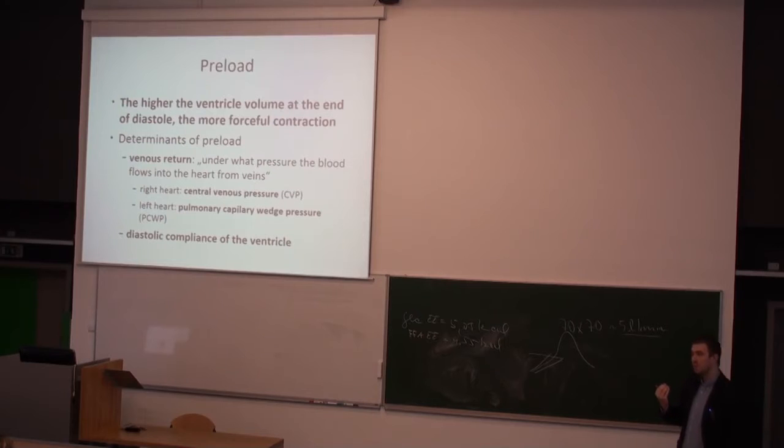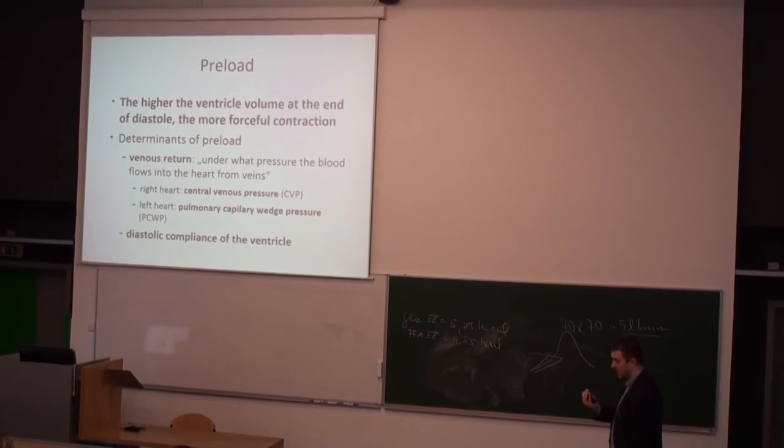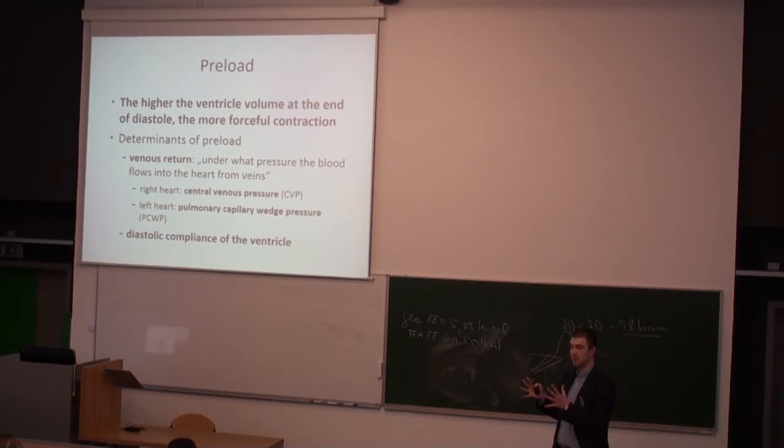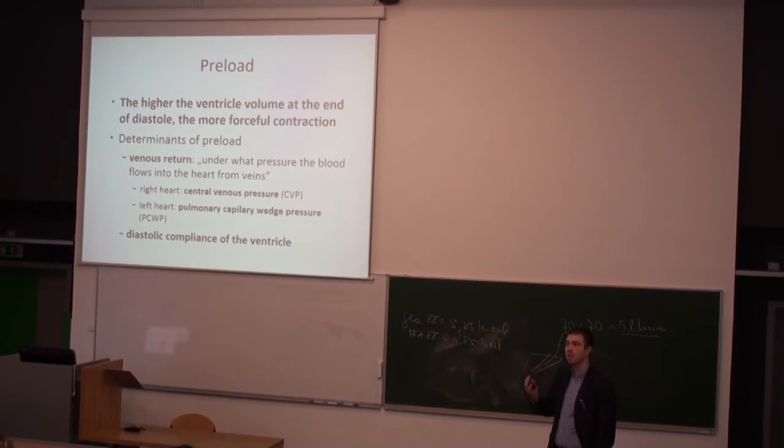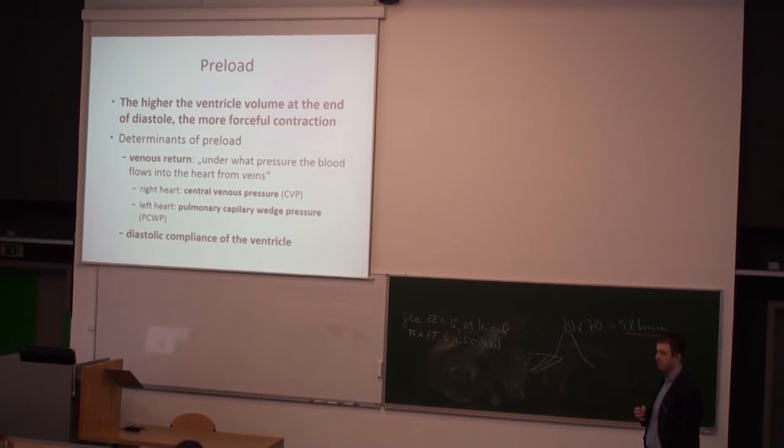So you can say that it is the pressure of the liquid that forces the heart to dilate during the diastole. And you know this value as the central venous pressure for the right heart, that means the blood coming from the whole body. Yes, the value is central venous pressure.